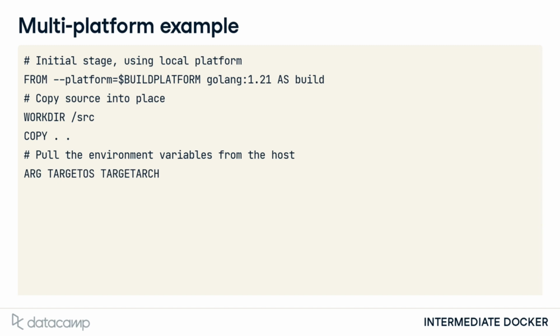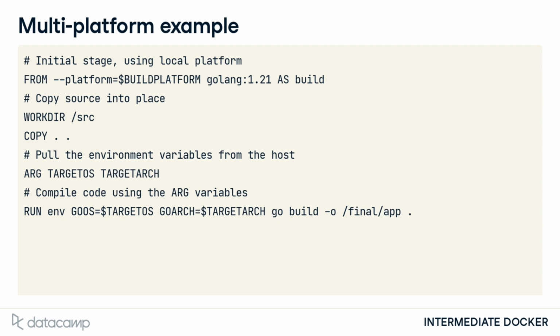Please note these are defined by the specific command we enter on the command line of the host. Next, the command to actually compile the application is used. Note this is specific to compiling a Golang application, but the principle is the same for other programming languages. Notice that the TARGETOS and TARGETARCH values are referenced using $ symbols.